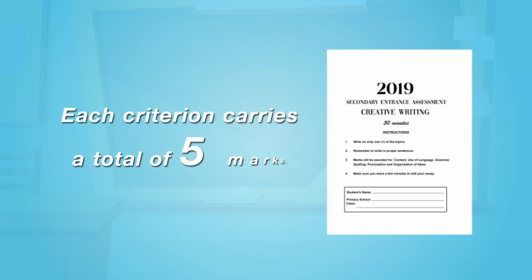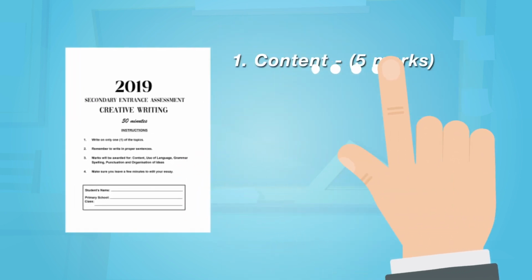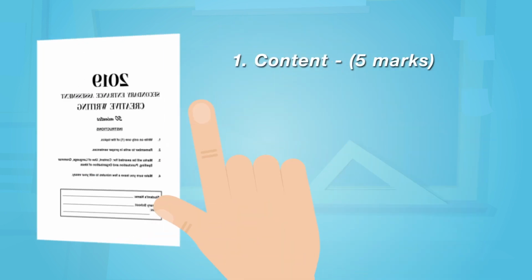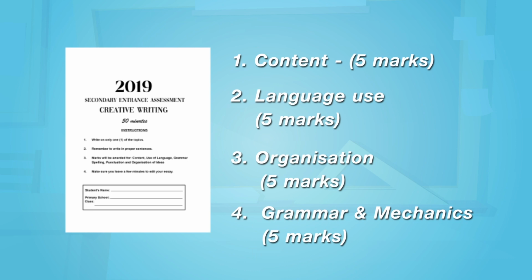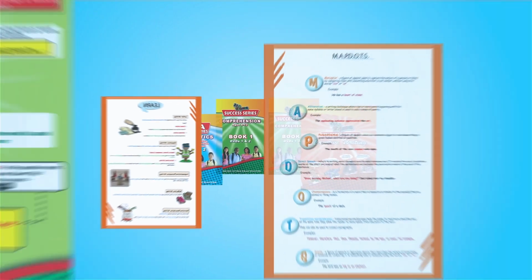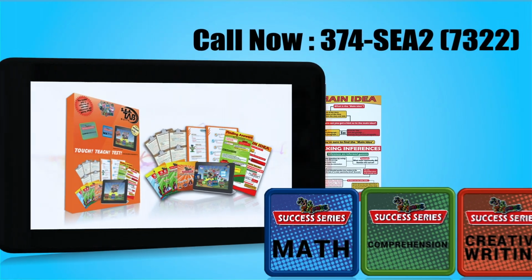Each criterion carries a total of 5 marks. These criteria are 1. Content, 2. Language use, 3. Organization, and 4. Grammar and mechanics.